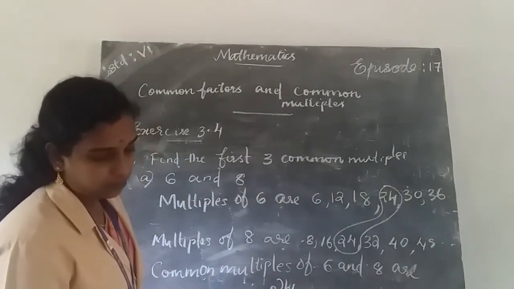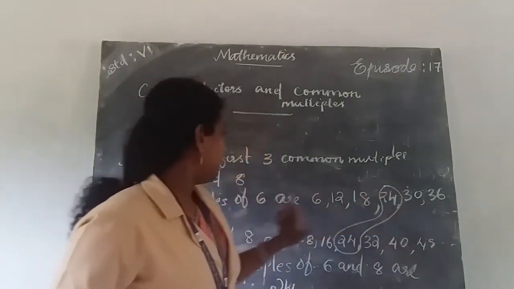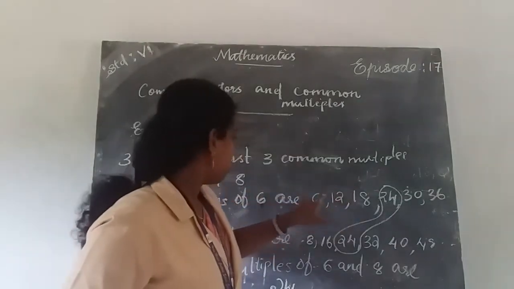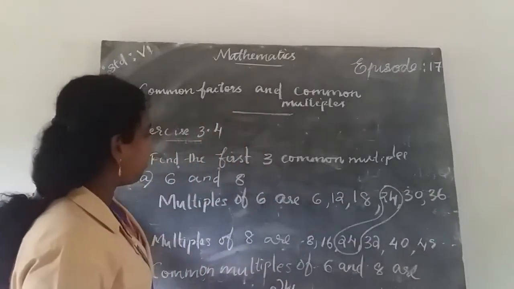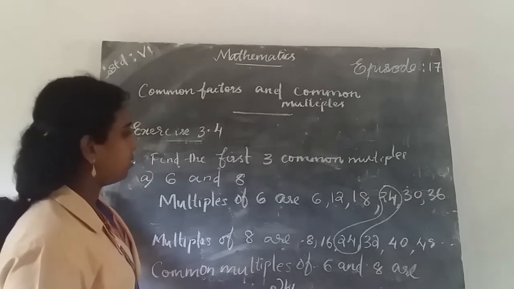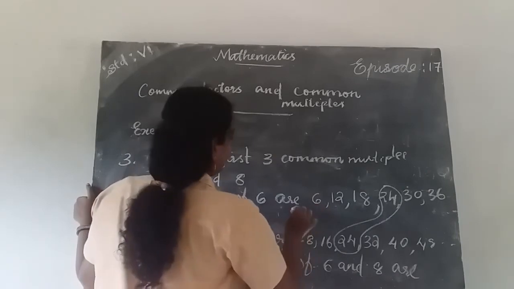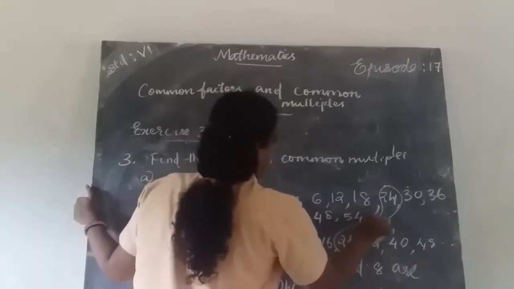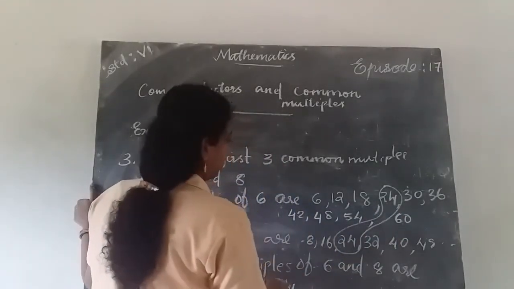And the next one is 30. 30 is a multiple of 6 but it's not a multiple of 8. Then 36 is a multiple of 6 but it's not a multiple of 8.